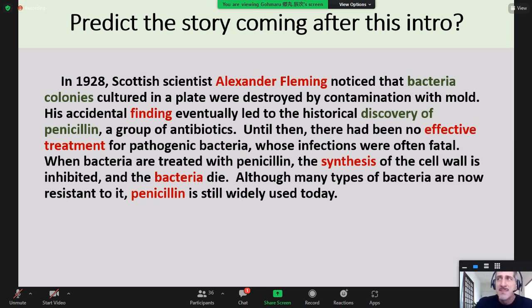Until then, there had been no effective treatment for pathogenic bacteria, whose infections were often fatal. When bacteria are treated with penicillin, the synthesis of the cell wall is inhibited and the bacteria die. Although many types of bacteria are now resistant to it, penicillin is still widely used today.